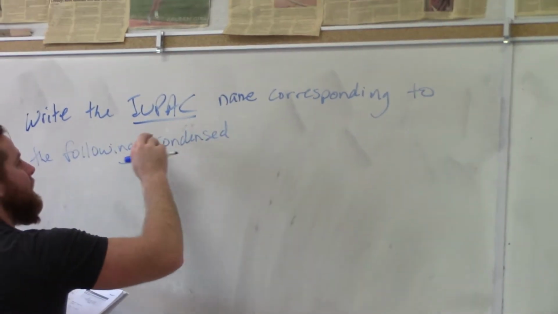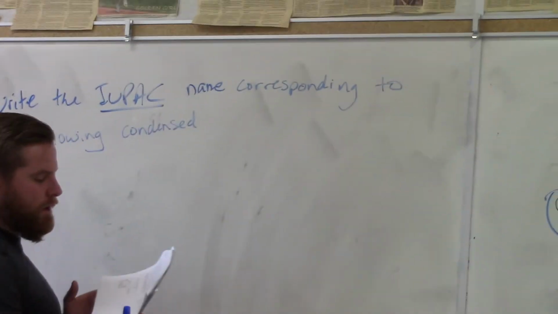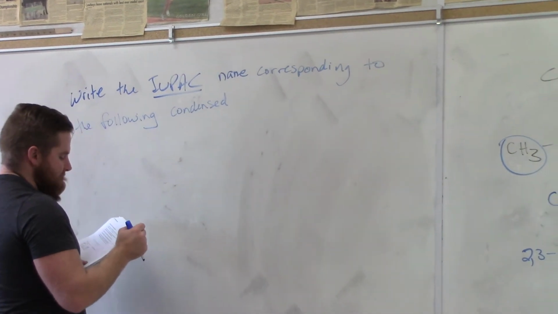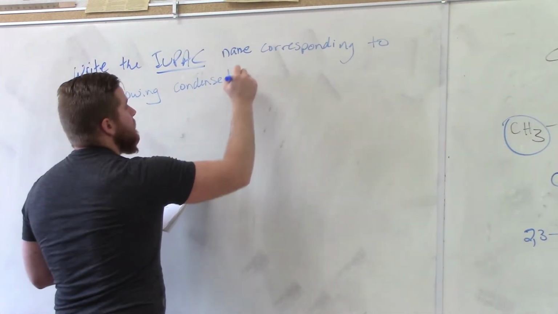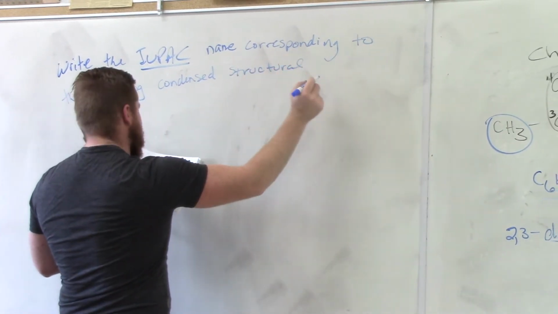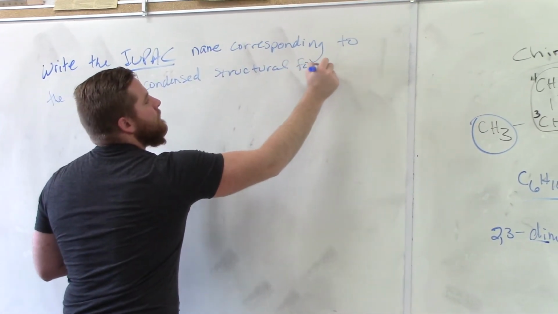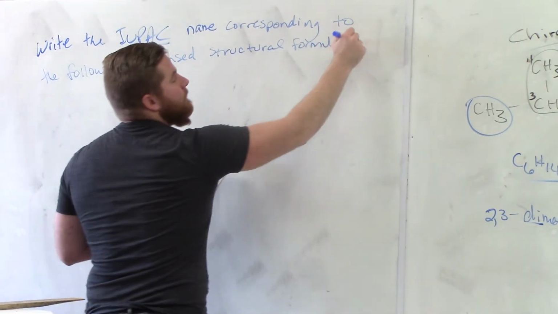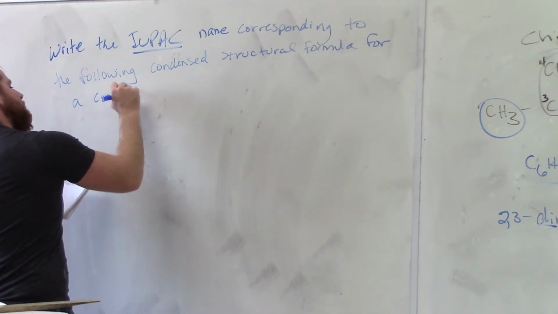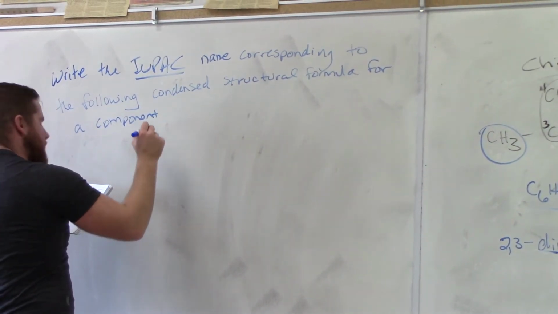So IUPAC stands for the International Union of Pure and Applied Chemistry. That could be a bonus question, by the way. So they basically set the rules and standards for chemistry worldwide.